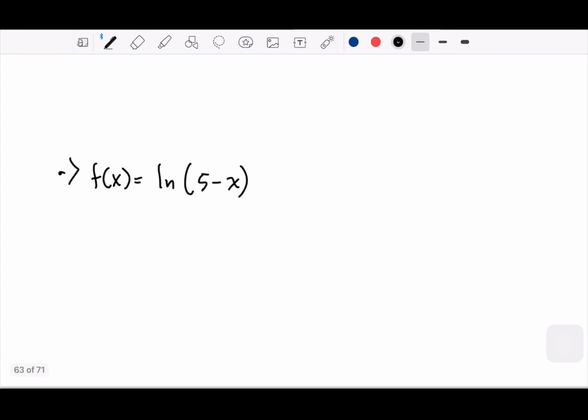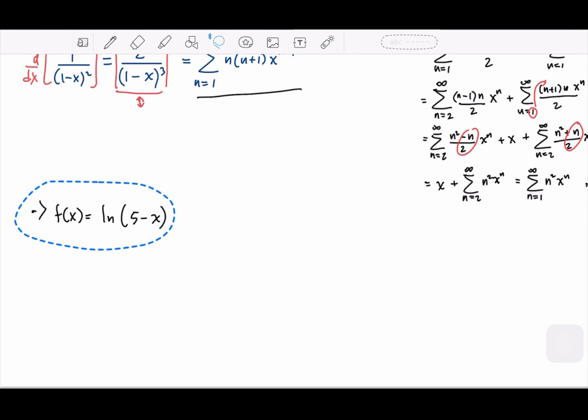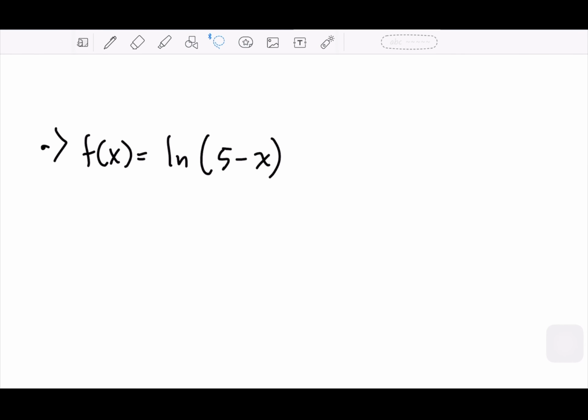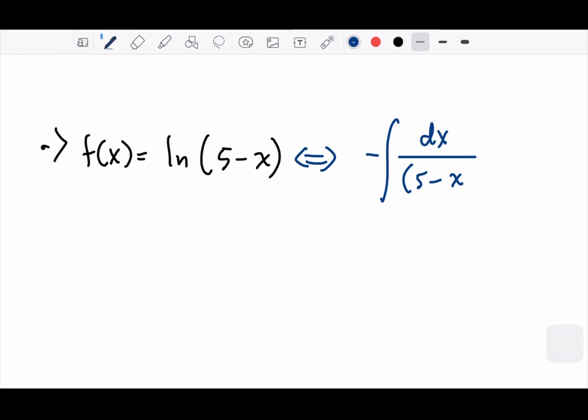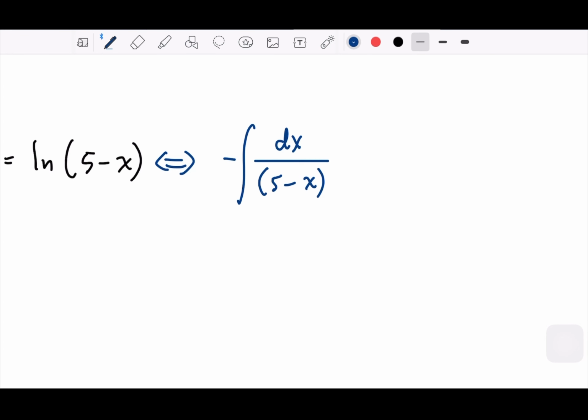Now looking at the ln. The ln, if we think from the perspective of derivative, we can think of this as a negative integration of, this is 5 minus x, in which we can have 1 over 5 and then differentiate.